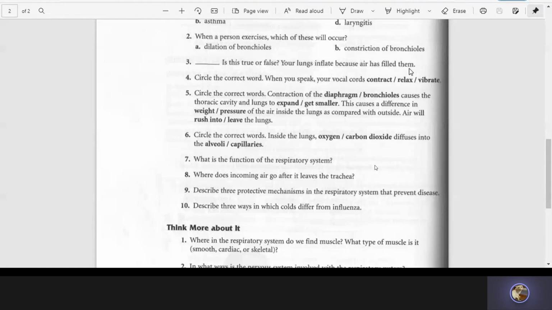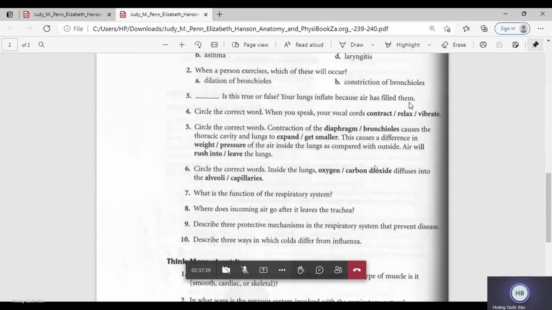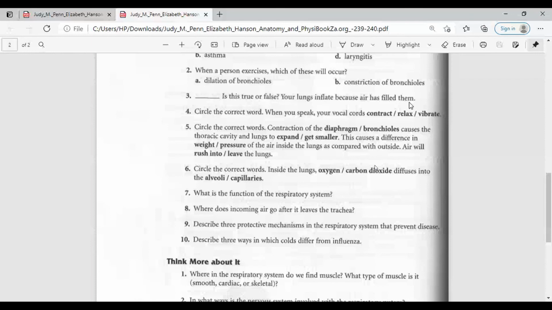Question number 4. Hồ Đăng Hạnh, can you choose the correct word for me? When you speak, your vocal cords contract, relax, or vibrate. Hồ Đăng Hạnh, are you there? Hồ Thị My, are you there?